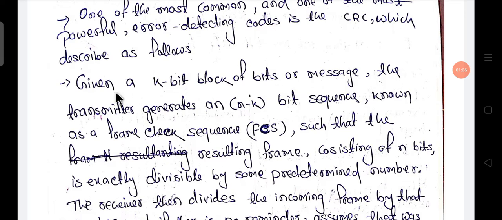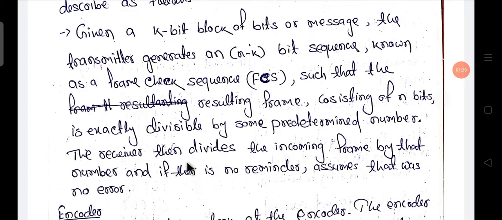The transmitter generates an n minus k bit sequence, known as frame check sequence, such that the resulting frame consisting of n bits is exactly divisible by some predetermined number. The receiver then divides the incoming frame by that number, and if there is no remainder, it assumes there was no error.